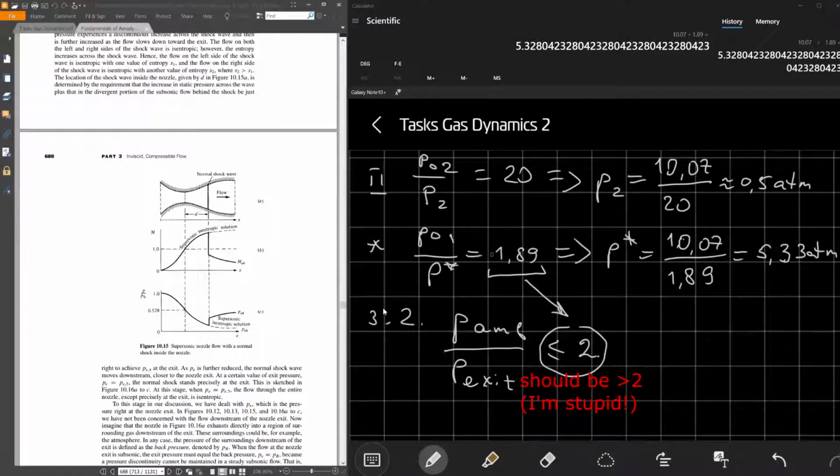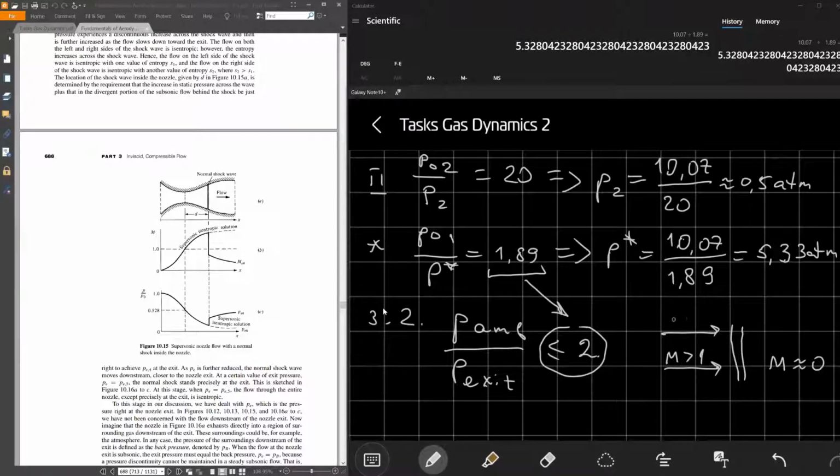Why will this ratio work? Because when we have a normal shock wave inside the nozzle, the Mach number after this normal shock wave is very small. It's basically close to 0. Before, it is supersonic, a very high Mach number. After, it is a very small Mach number.